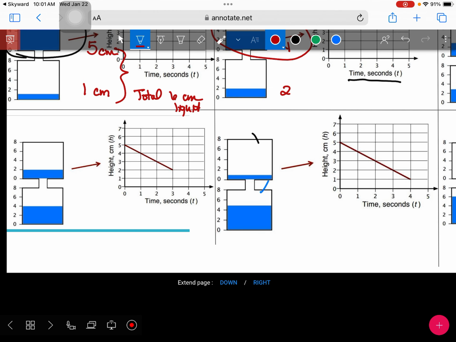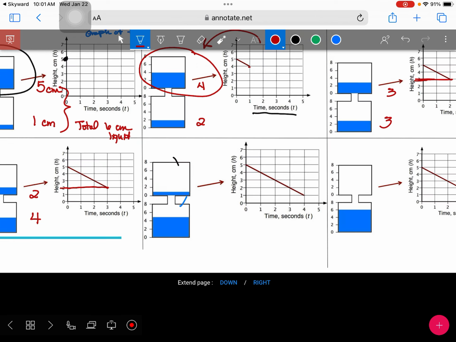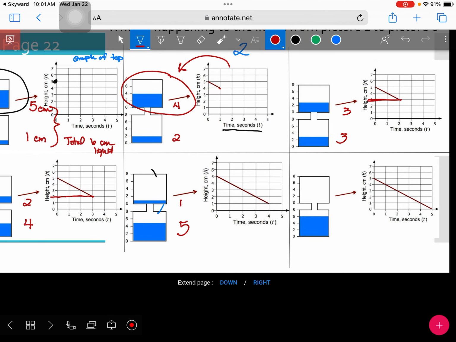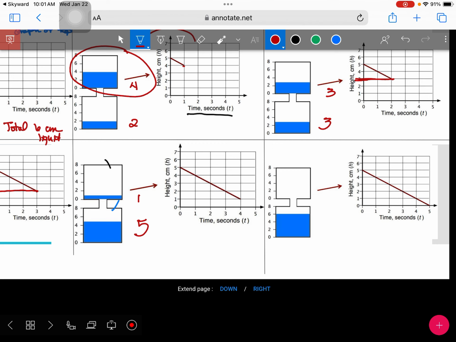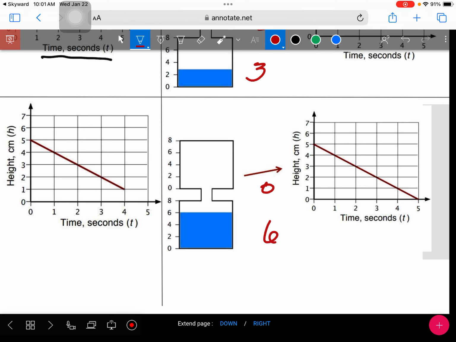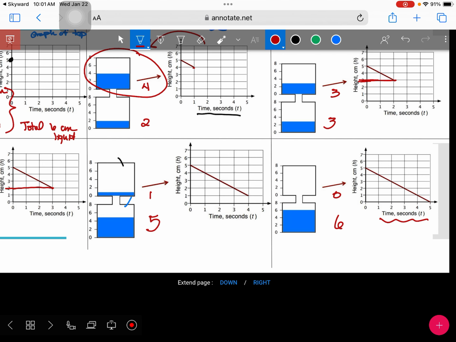As you look over here, we have 2 and 4. So we're at a height of 2 centimeters after 3 seconds. And then finally we have 1 and 5 right here. And here we have 0 and 6. Okay, so how long did it take to get from 5 centimeters down to 0? 5 seconds. Okay, 5 seconds.